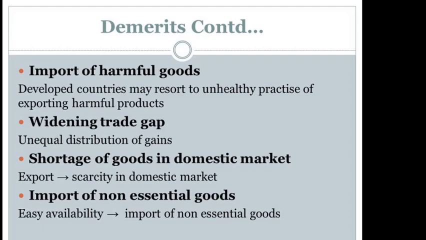Even though the commodities are non-essential, a particular economy may resort to import that commodity just because of its easy availability. This in turn will adversely affect the trade balance of the economy by magnifying the import. So that is another demerit of international trade.